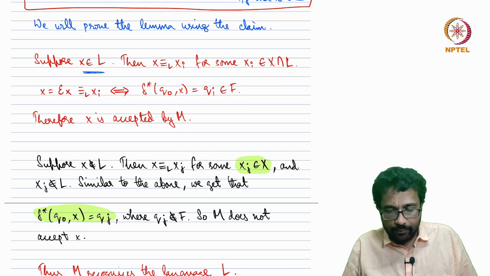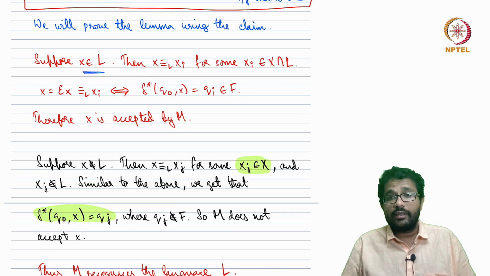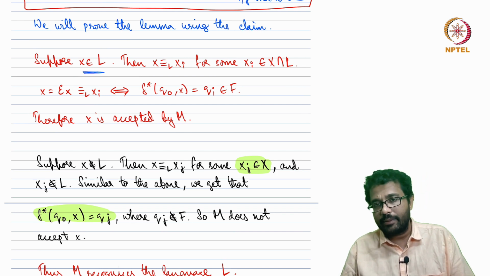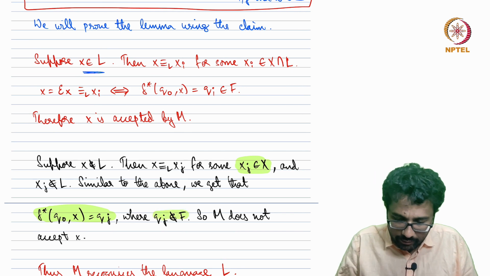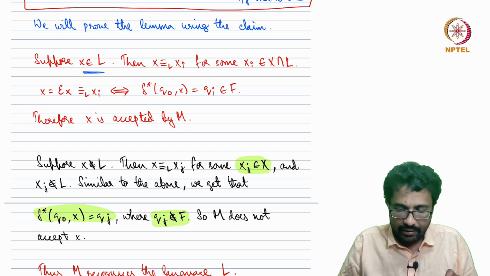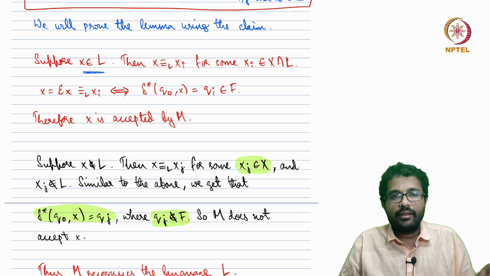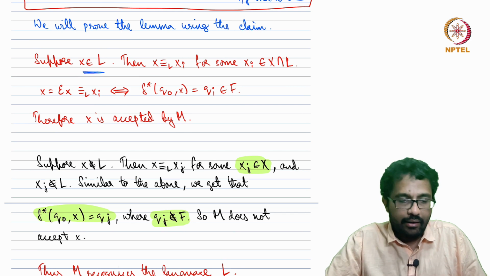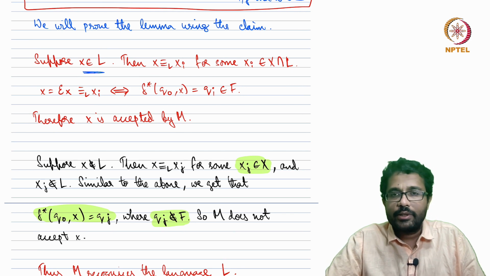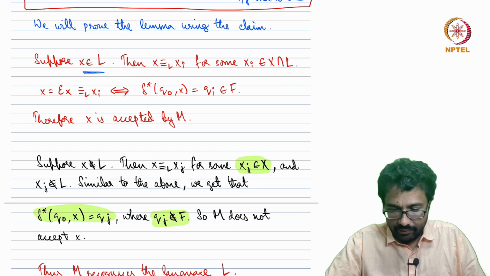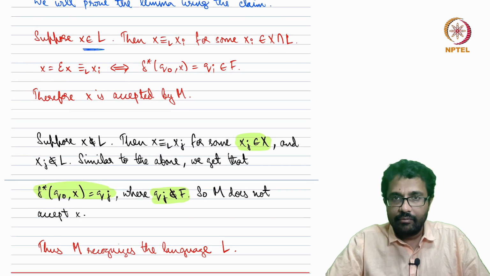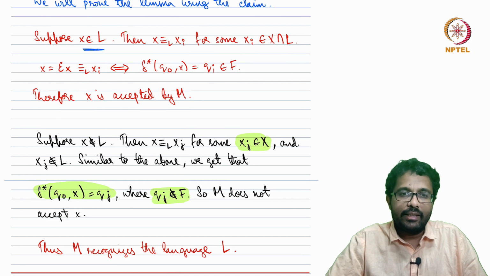And exactly like before, since Xj is not in the language, Qj is not an accepting state, which means the string X takes the DFA to a state Qj, which is not an accepting state, and hence it means that the DFA does not accept the string X.